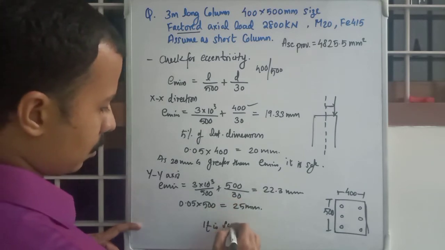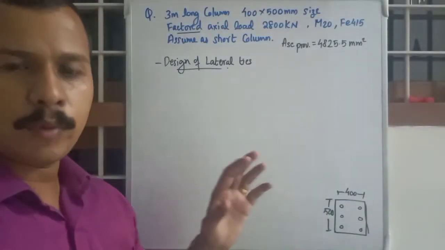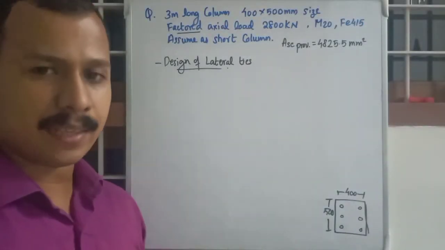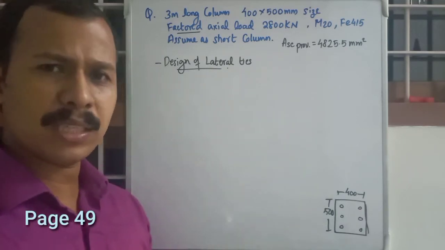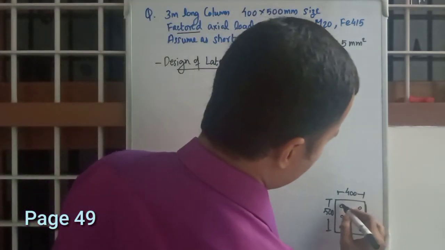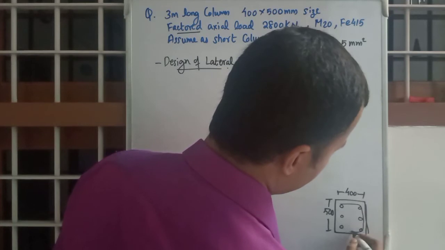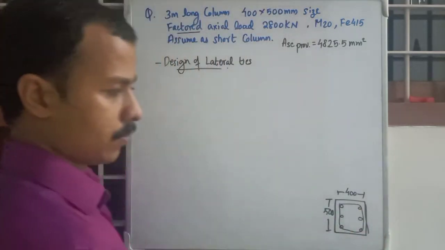Now we are getting into the design of lateral ties. Lateral ties are the same as stirrups or shear reinforcement in beams. Same concept but in columns. Lateral ties will be like this, or there can be a connection like this also.